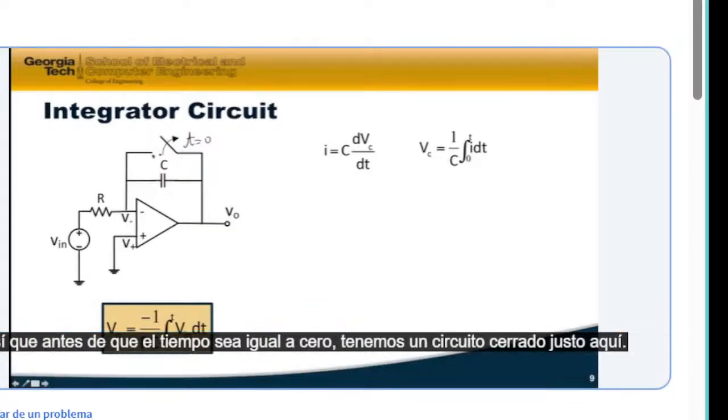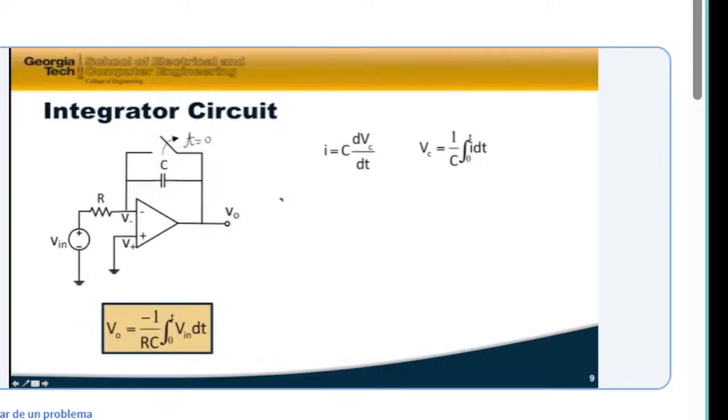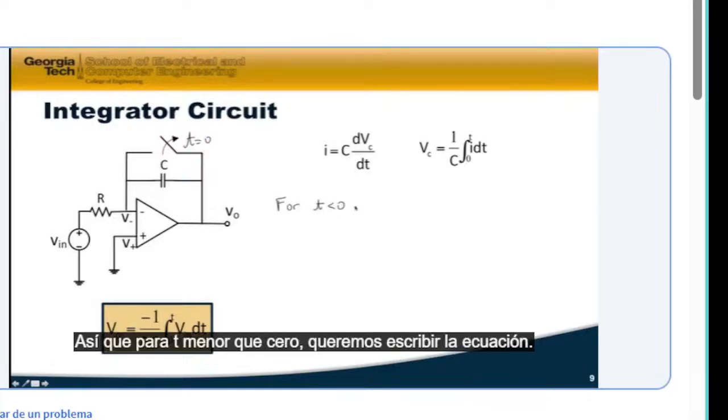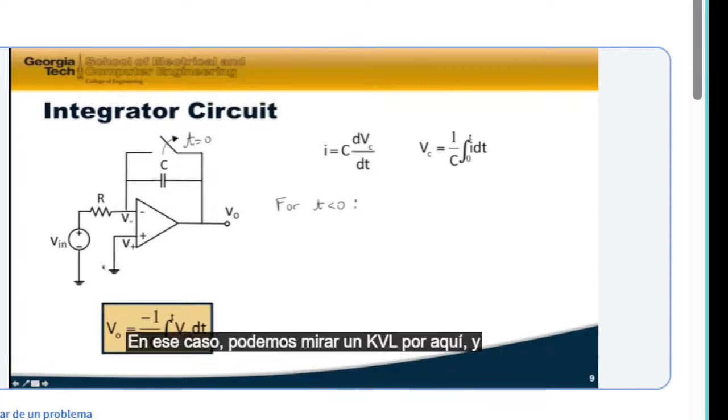So prior to time equals 0, we have a closed circuit right here. We short out the capacitor. So for t less than 0, we want to write the equation. In that case, we can look at a KVL around here. And around here, we're going to use this ideal op-amp characteristic, which is 0 volts right there.